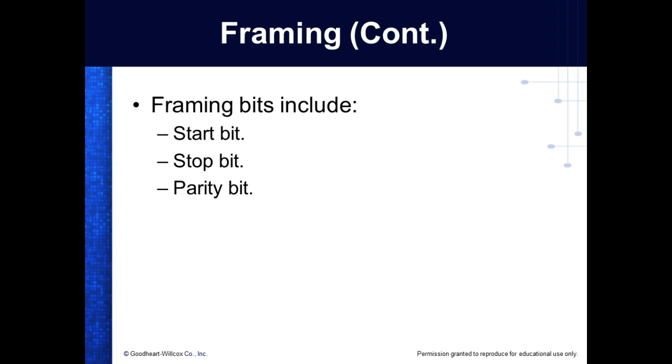Frames are a lot different now than what they used to be. Typical frames now consist of what we call a header, and then the data, and then a trailer.